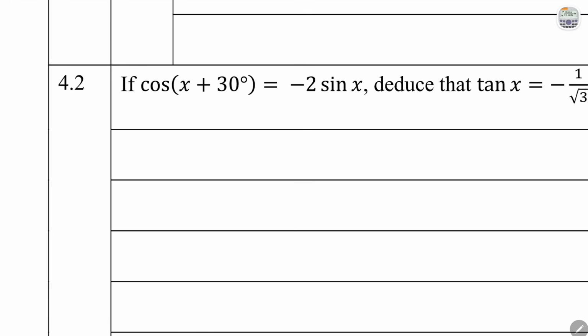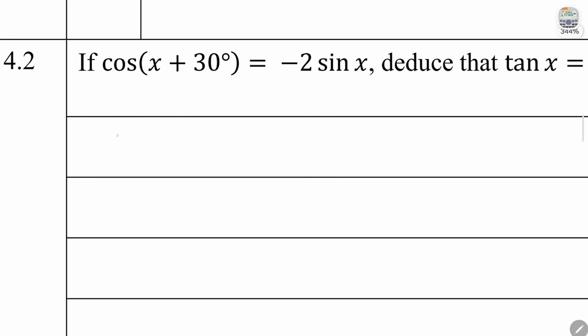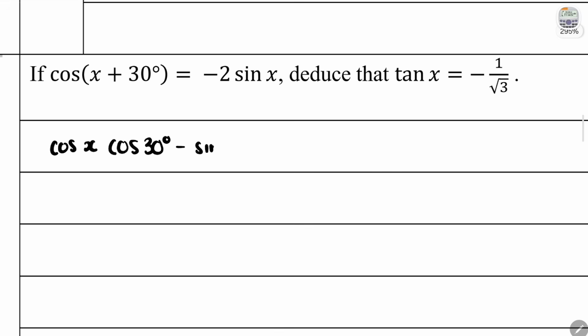What can we do with this equation? Well, we can expand this part using the compound angle formulas. So we'll have cos x cos 30 degrees, and the sign will change to minus. So minus sine x sine 30 degrees, which is equal to negative 2 sine x.